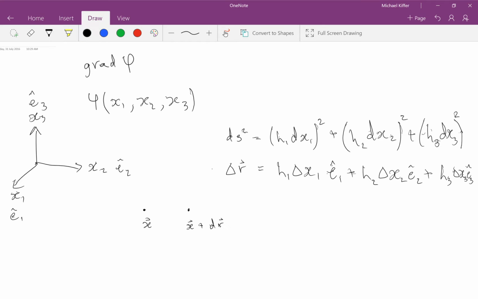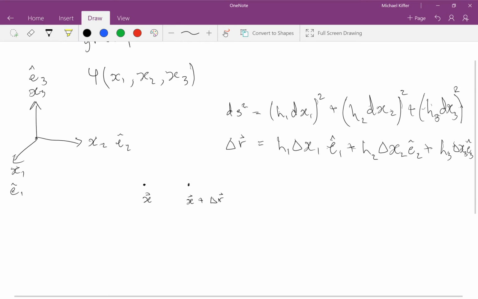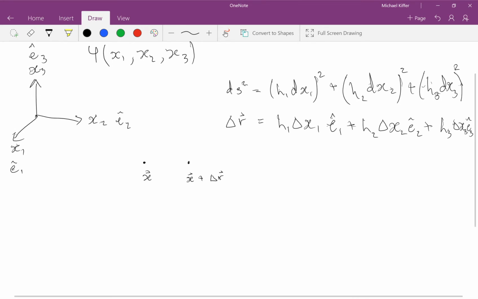So I'll change this d to a delta, and then we'll take the infinitesimal limit as delta goes to d. So I'm going to split this up into components.